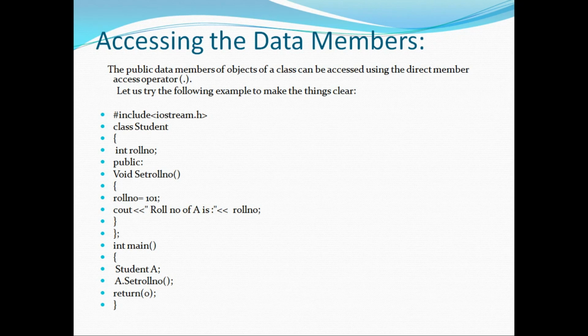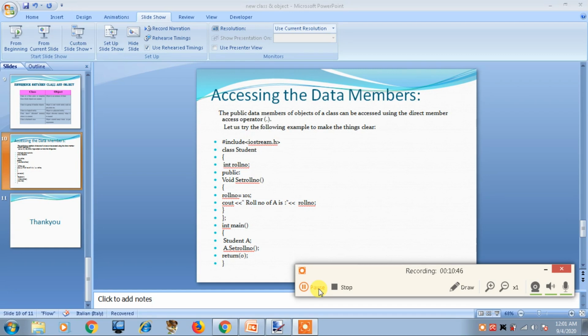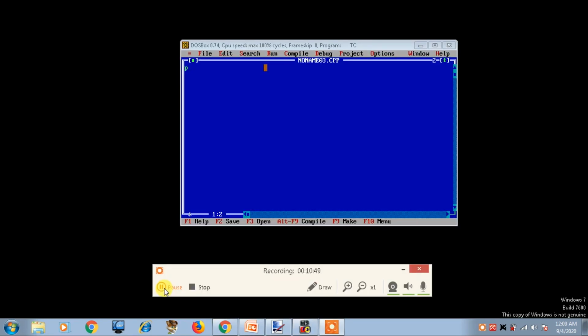Okay, now this program we write on a compiler. So we write this program on the compiler. This is the header file, include iostream dot h, and we have to create a second header file dot h.